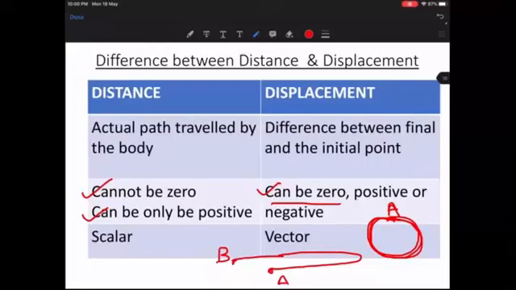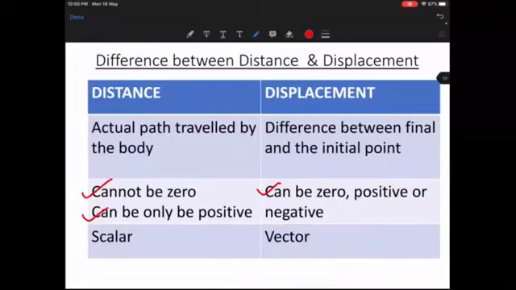Now look at the last point here. Distance is a scalar quantity because no one is bothered about the direction in the case of distance. We can just say that I traveled 50 kilometers. We are not talking about the direction. We are only talking about the magnitude.